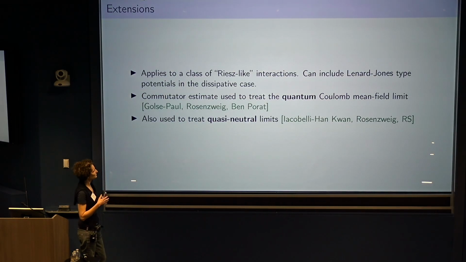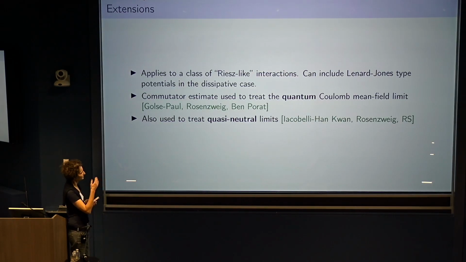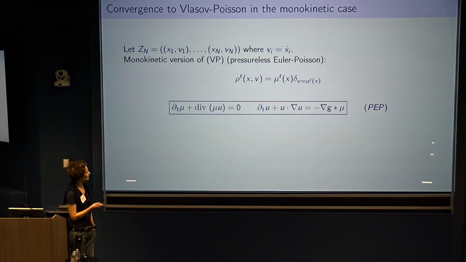So it's a bit more flexible than that. You can even include some Lennard-Jones type potentials if you have dissipation. People have used the method, I mean basically the commutator estimate, to treat the quantum case also. You can also treat quasi-neutral limits with this, taking advantage of the fact that we have this sharp error rate.